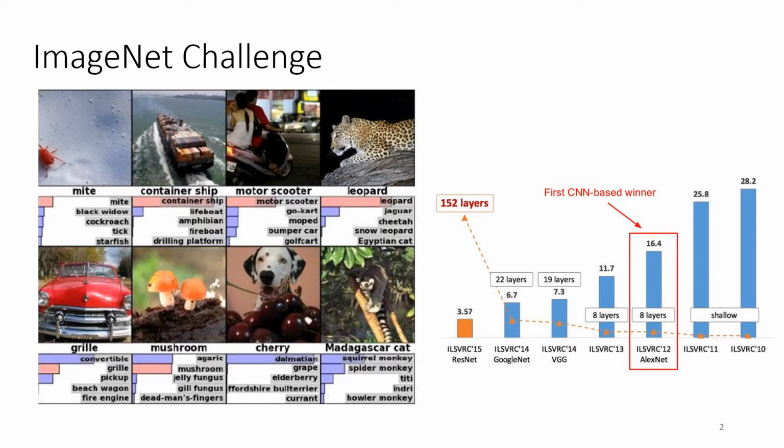And at the end, we have the winner of 2015 with 152 layers. So let's see how convolutions work and why we can use them in such deep neural networks.